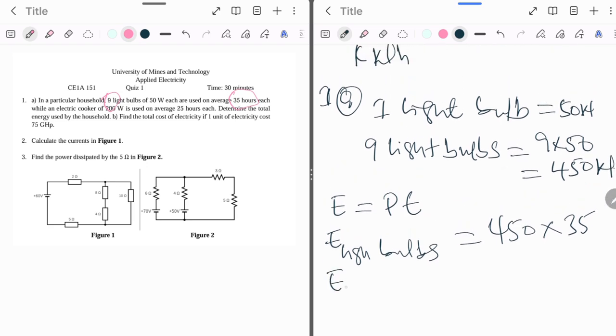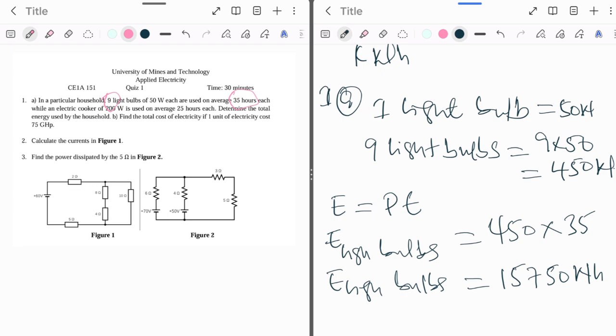So the energy of the light bulbs is equals to 450 times 35, and when you multiply this, you get 15750 watt hour. It is watt hour because the unit for power is watt and the time is hour.